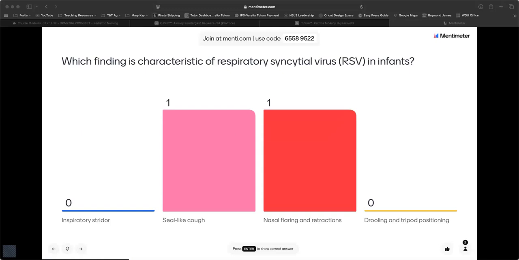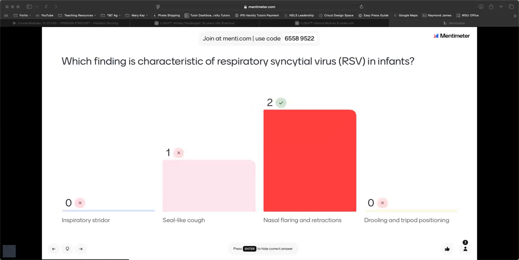We used to only treat our high risk infants like our NICU babies or our cardiac babies. But recently, in the last couple years, we've been able to open that up to more kids. So our nasal flaring and retractions are going to be very common with RSV. We see that increased work of breathing caused by that virus.